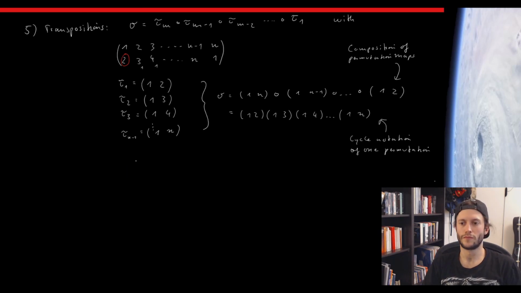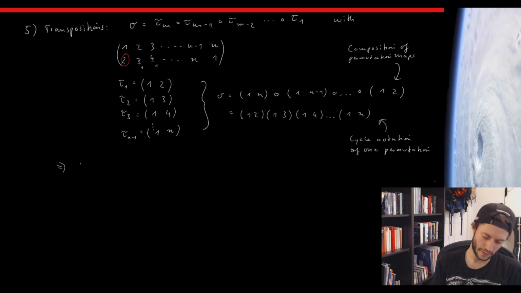And of course, from that we could also again assign the map sigma a sign over the other formula, which was -1 to the number of transpositions we needed, which, as you can see over here, as I counted 1, 2, 3, until n-1, is n-1.